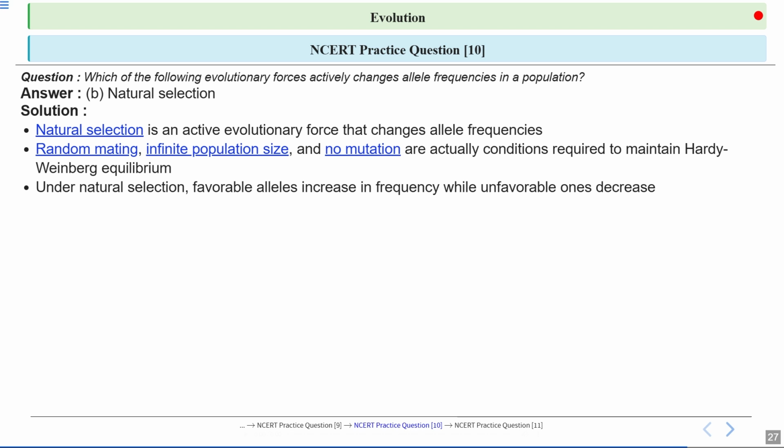Under natural selection, favorable alleles are selected by nature. Alleles which give a survival advantage are selected. So the frequency of the favorable alleles will increase, while the frequency of unfavorable alleles will decrease. Clear? What are the other forces that can change allele frequencies?